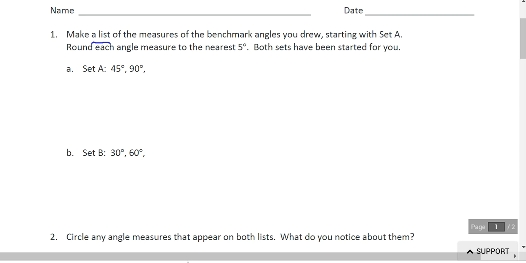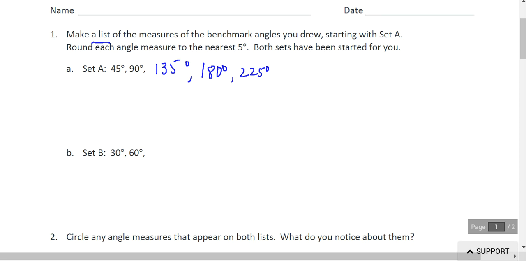So let's see that. They started the first one 45, and then after that it has 90, and after that's going to be 135. So we could just continue this. After 135 degrees there'd be 45 more, so that would be 180 degrees. Then after 180 degrees we'd have a 45 degree more turn, so that's going to be 225 degrees.